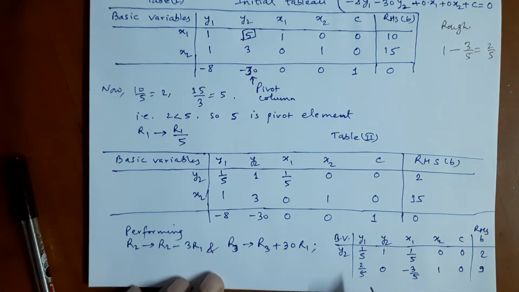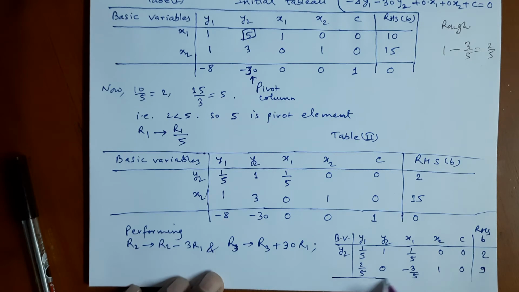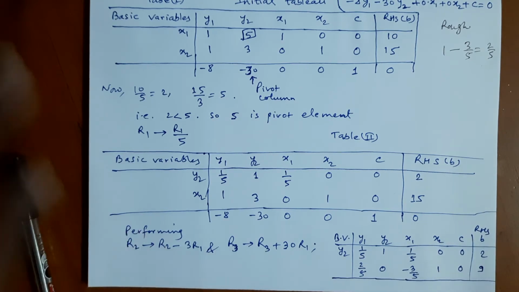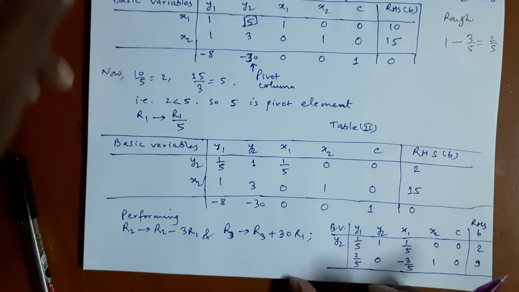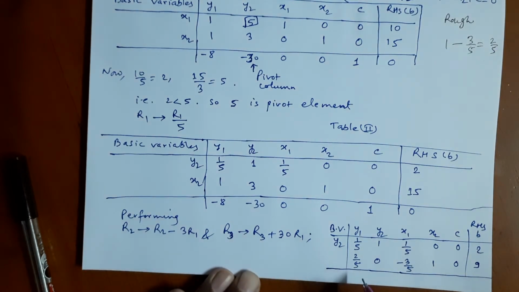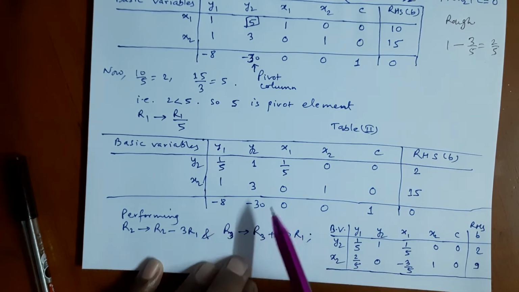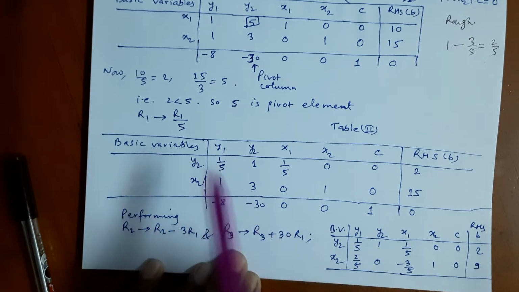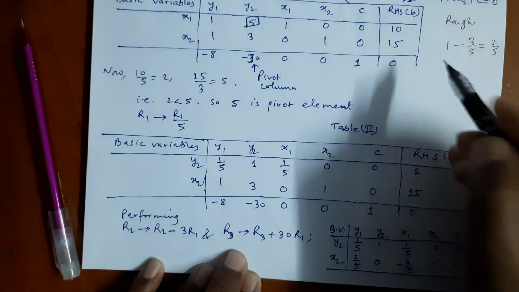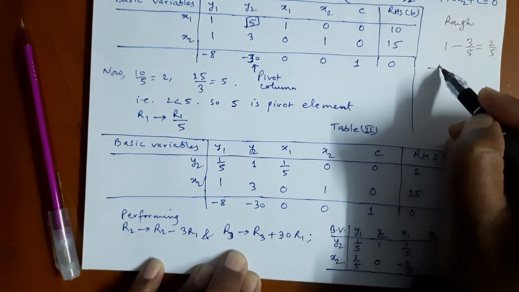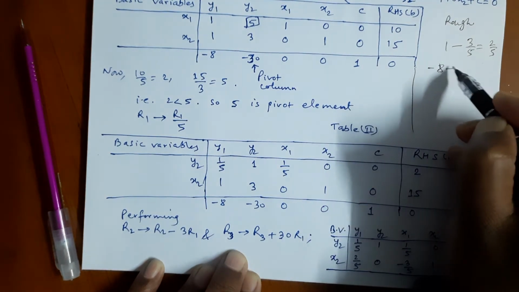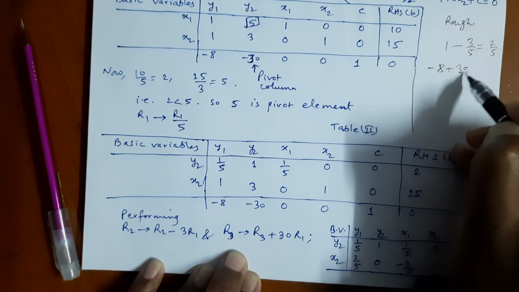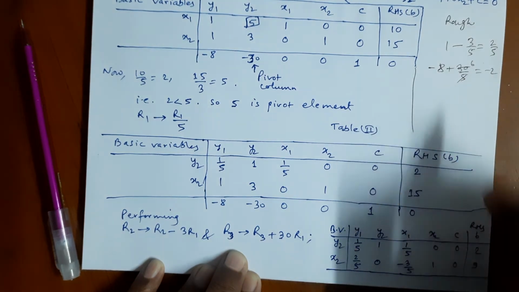And now in the bottom row, minus 8 plus 30 times 1 over 5, 5 sixes are 30, that will be minus 2.